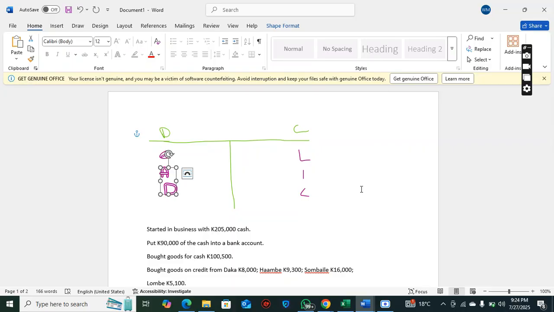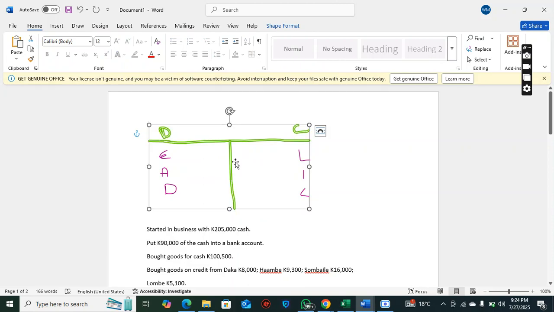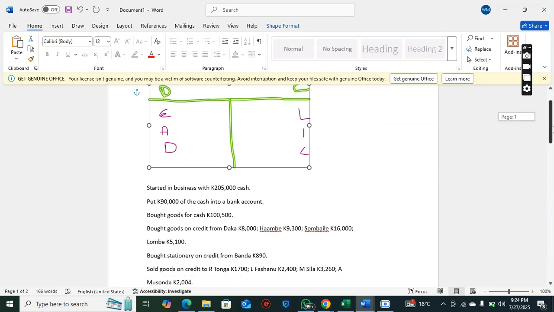Then sales returns is a contra revenue account. Remember, income and revenue increase with credit. So sales returns we're going to debit. Okay, reduction in a revenue account, you need to debit.